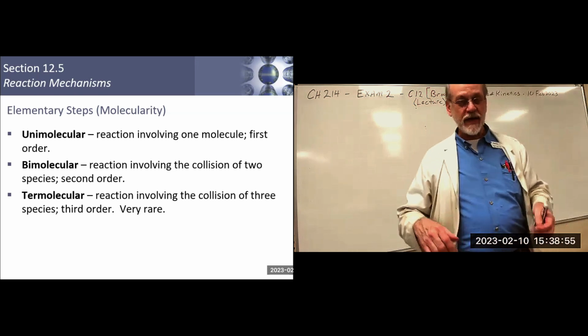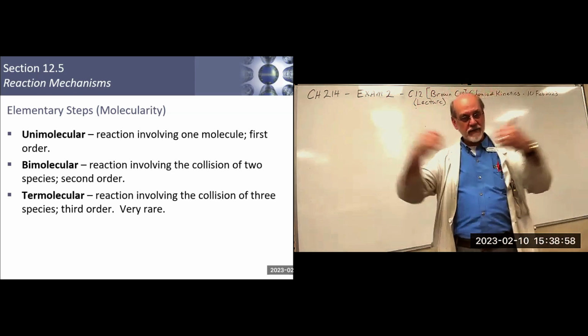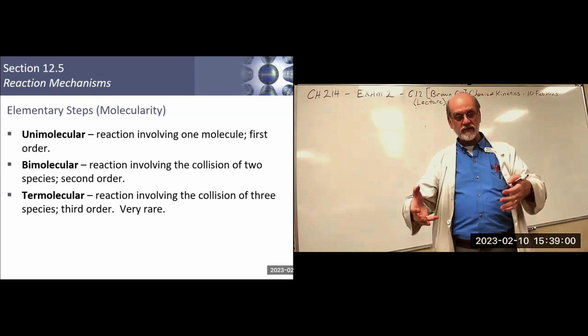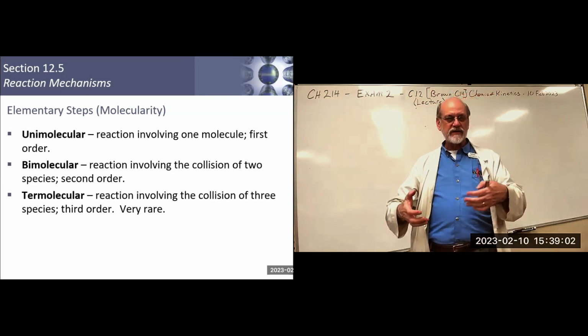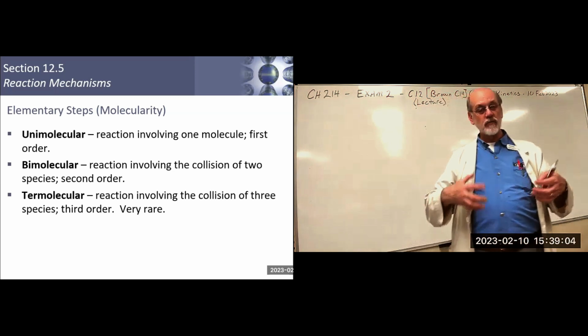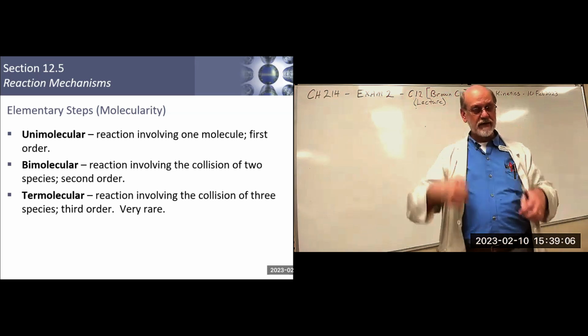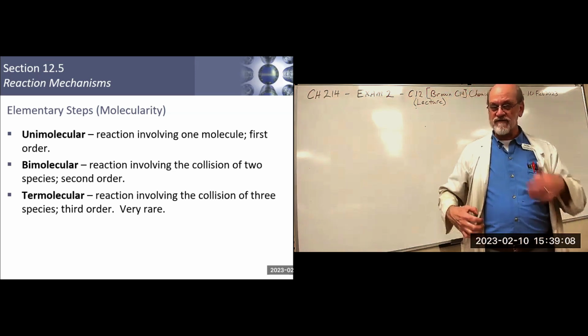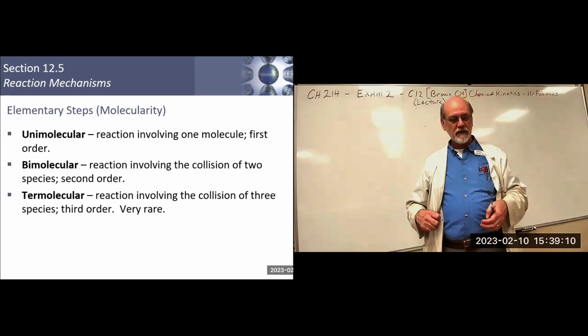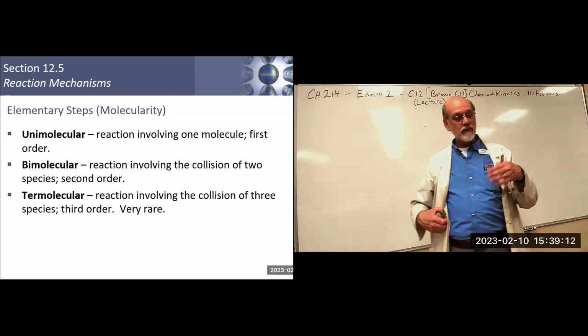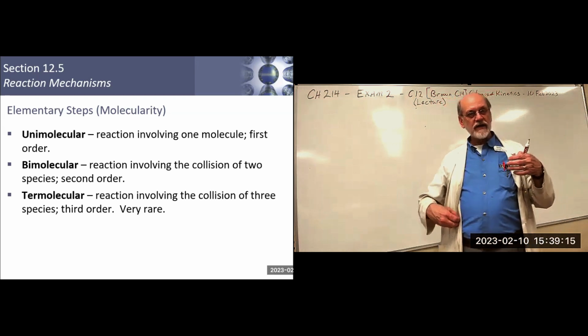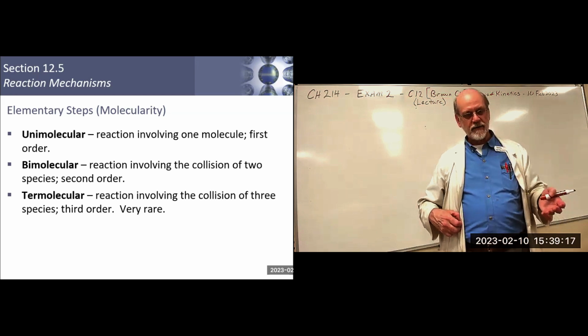A bimolecular step is where two molecules have to come together in order for a reaction to occur. And a termolecular step requires that three come together. Termolecular steps are very, very rare. We don't use them in elementary steps unless there's no other alternative.